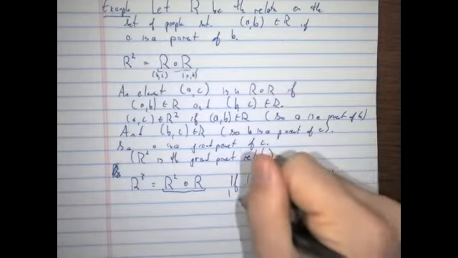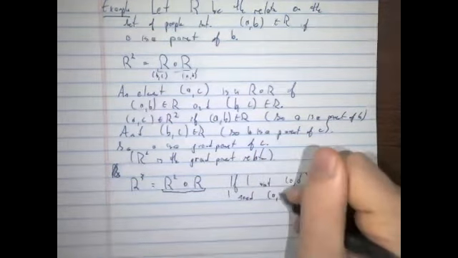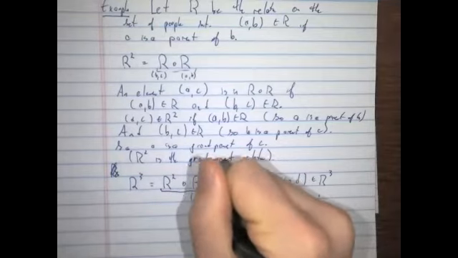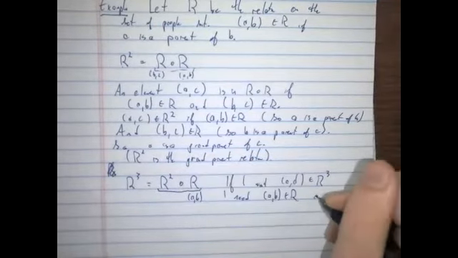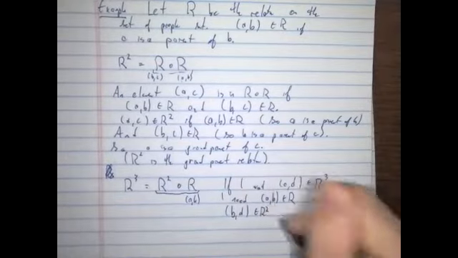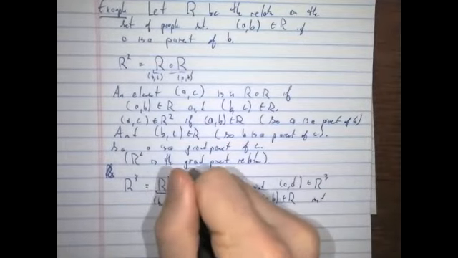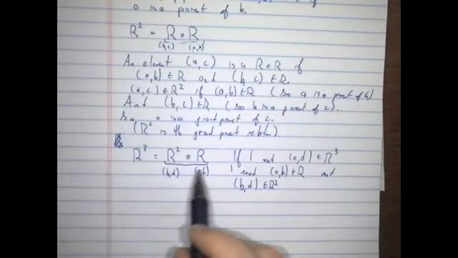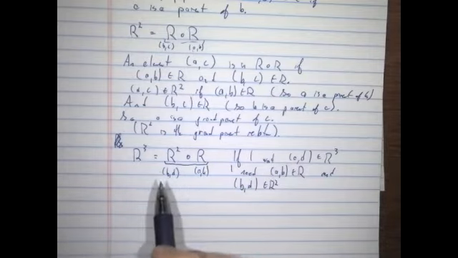Yes, I need A comma B inside R, and I need B comma D inside R squared. Notice that when I write a composition, things kind of look like they're in reverse order. This is the same thing with functions, right?